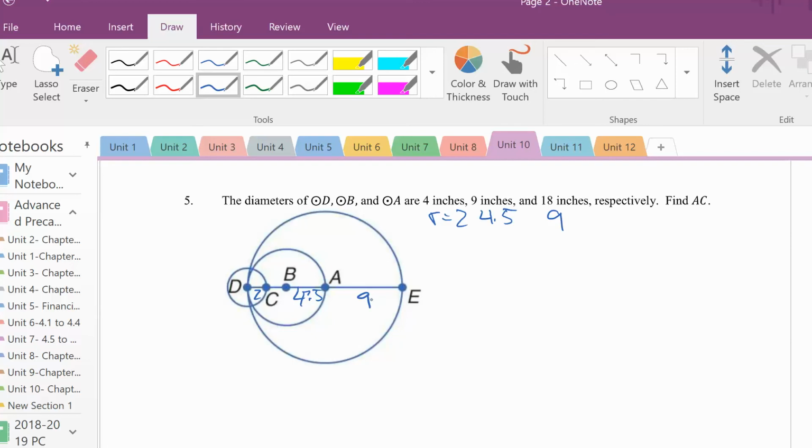So it wants to find AC. Well, remember, for B, it's 4.5, and if this part is 2, that means 3.5 here. Or actually, sorry, 2.5. So AC is equal to 2.5 plus 4.5. So it's equal to 7 inches.